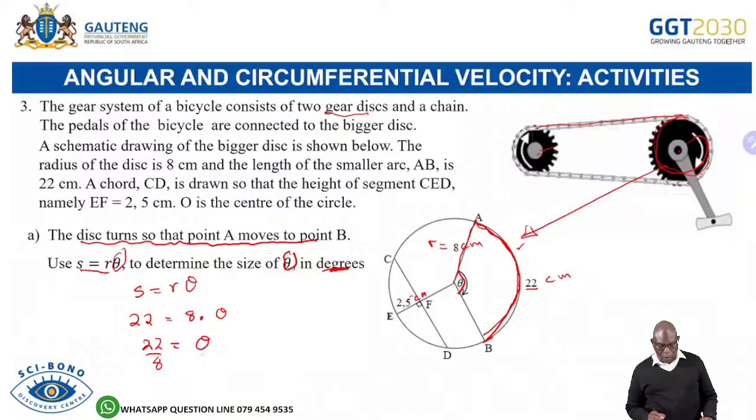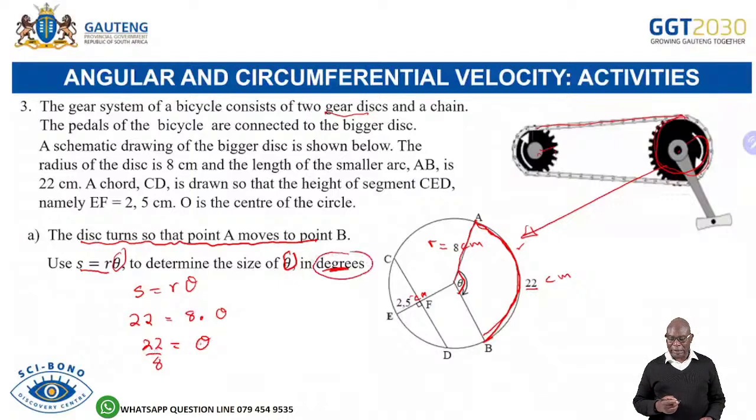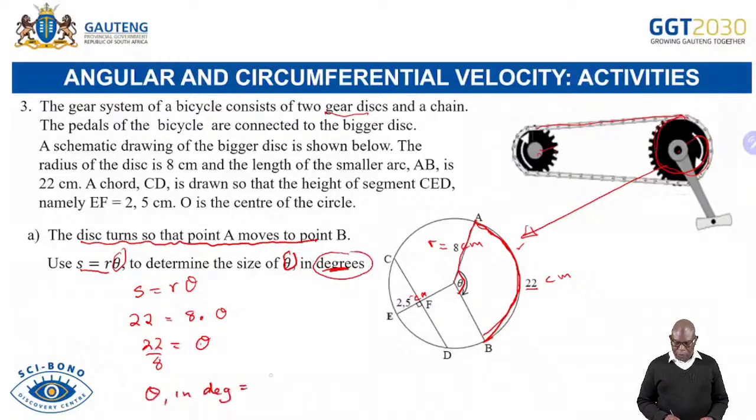Right. So now, we need it in degrees. This is not in degrees. Remember, theta is represented in radians. So 22 over 8 is in radians. If I need theta in degrees, I'm going to say 22 over 8 multiplied by 180 over pi. If I need something in degrees, the degrees must be on top and the pi must be below.